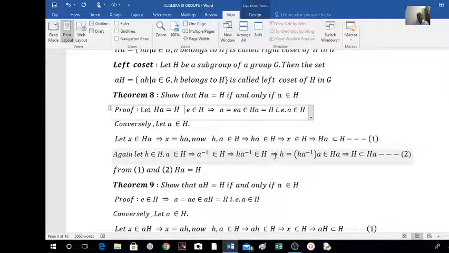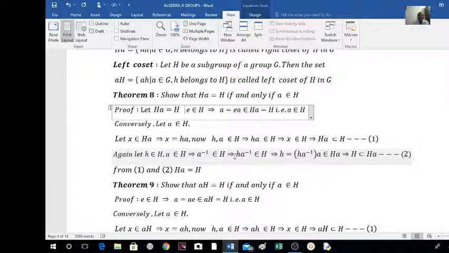So this implies H is equal to, I will write H as H A inverse into A, because A inverse into A is equal to the identity element. So therefore H can be written as H E, where E I will write as A inverse into A, and I will take this associative law. I will write this as two parts here, HA inverse A. Is this an element belonging to H?